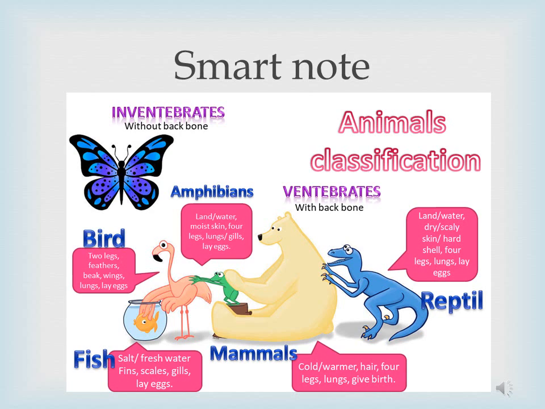Each one has their own characteristics focused on their habitat, reproduction, structure, body covering, and breathing. And this is the way we can identify the classification of each animal.